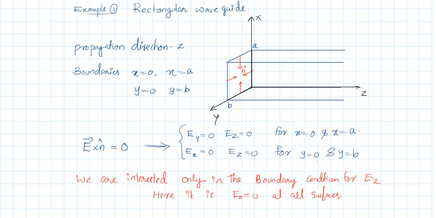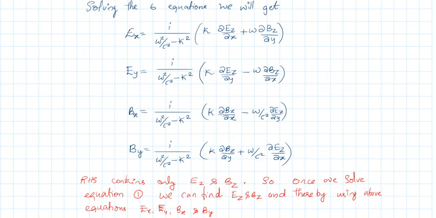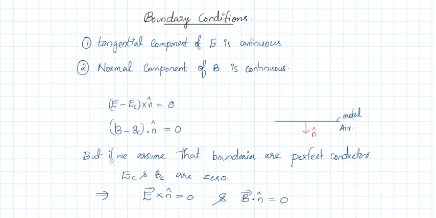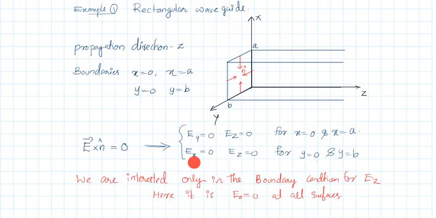Now we are interested only in the boundary condition for Ez, because we want to solve the wave equation for Ez only. We are not bothered about the boundary conditions of Ey or Ex.